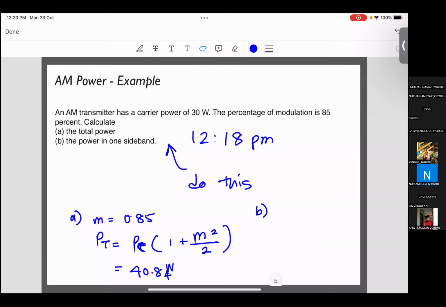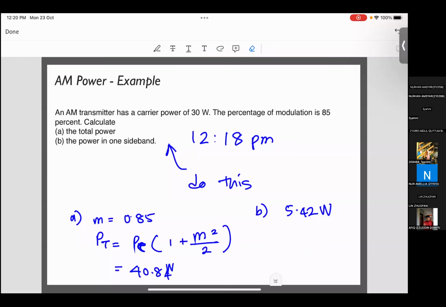Your power in one sideband is 5.42 watts. Okay, how did you get this? The formula is PT minus PC over 2. So PT minus PC would give you PLSB plus PUSB, right? Yes. Okay, thank you, Emilia.